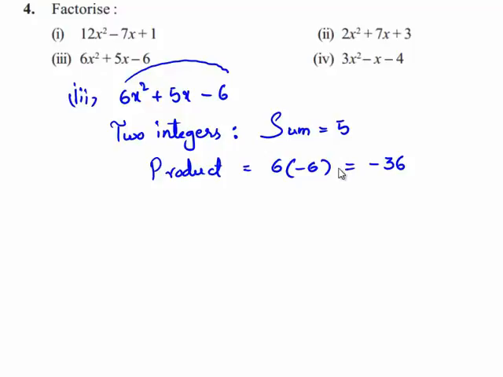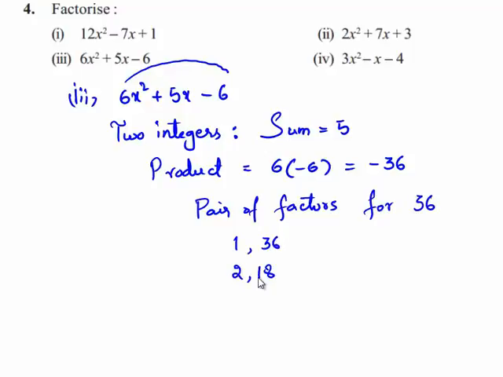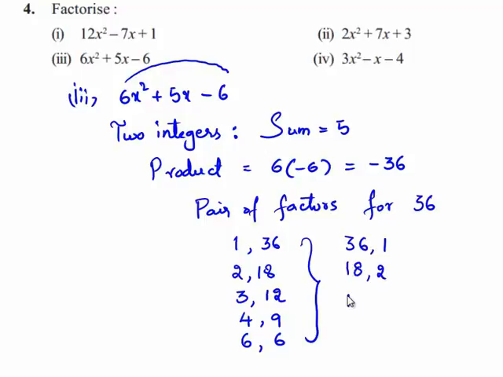So let us write down the pairs of the factors for 36. So we can write 1 and 36, 2 and 18, 3 and 12, 4 and 9, and 6 and 6. In a similar way, we can also write 36 and 1, 18 and 2, 12 and 3, 9 and 4, as well as similarly 6 and 6.